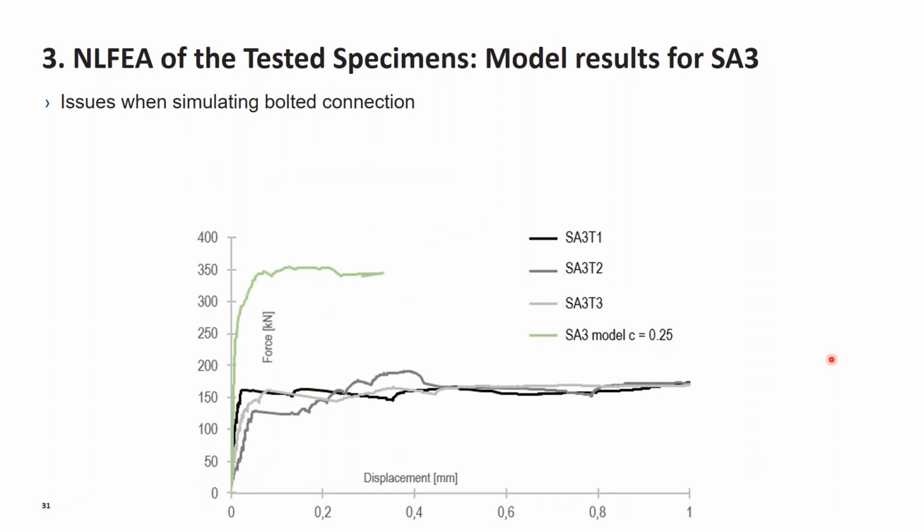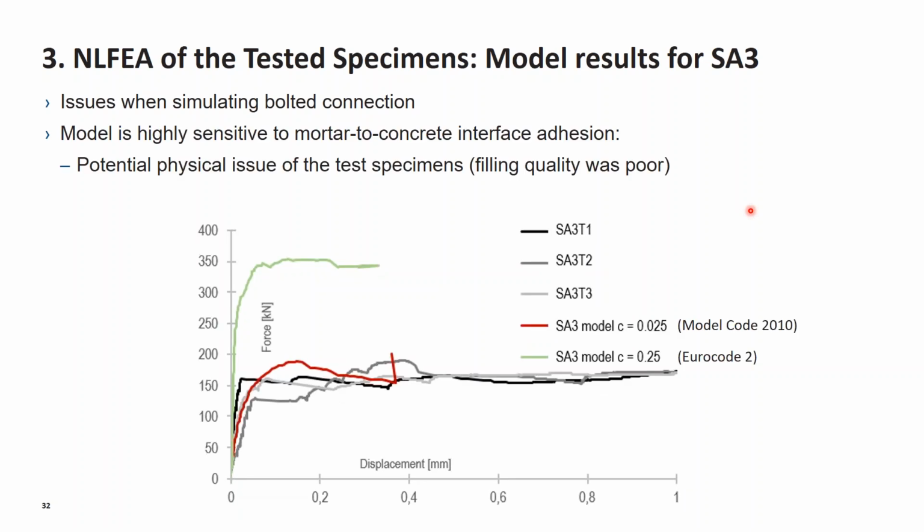We can see here that the experimental bearing capacity is half than the one predicted with the model. So I did some investigations. The influence was proven to be given by the structural interface that models the mortar to concrete interaction.